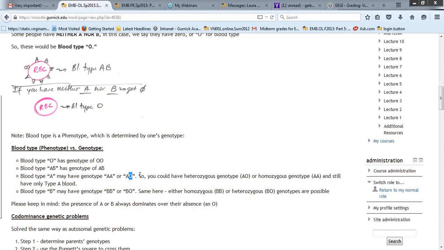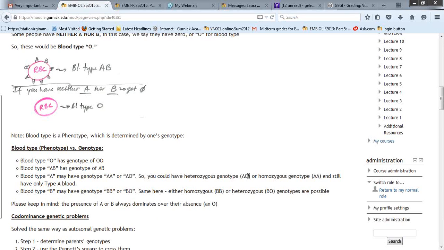So if you have an AA genotype, we say you would have a homozygous genotype with blood type A. If you have AO genotype, a heterozygous genotype, it means you inherited A from one parent and nothing from the other parent.